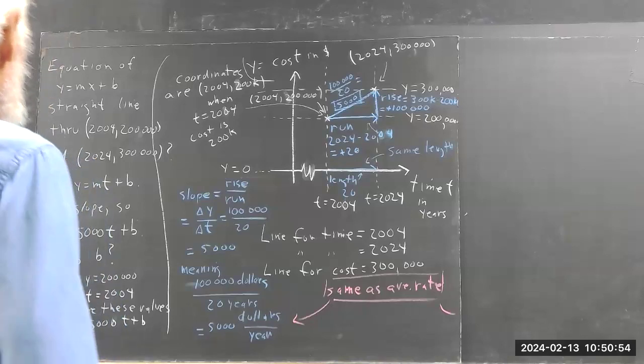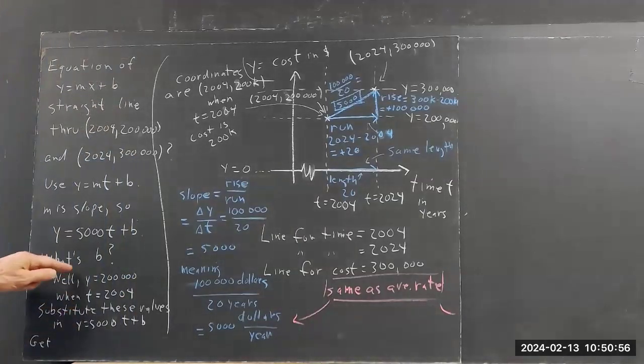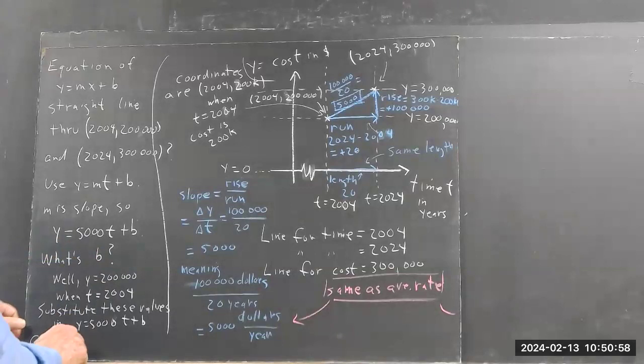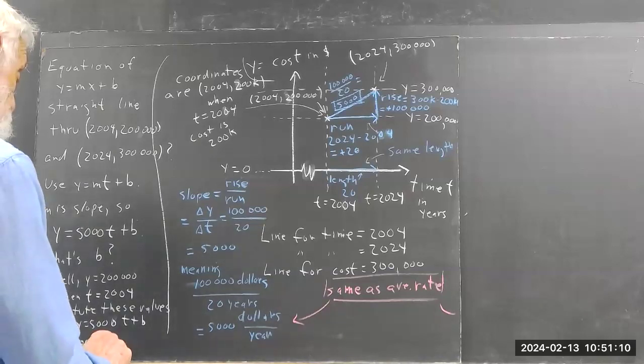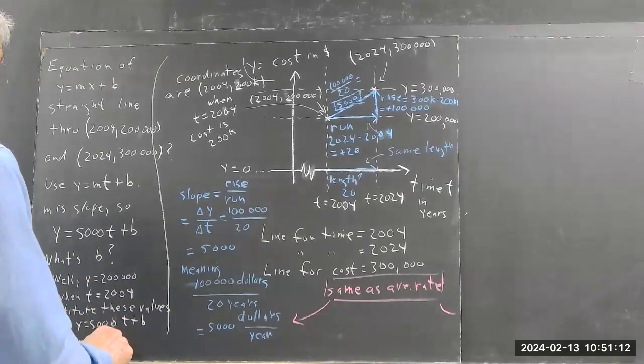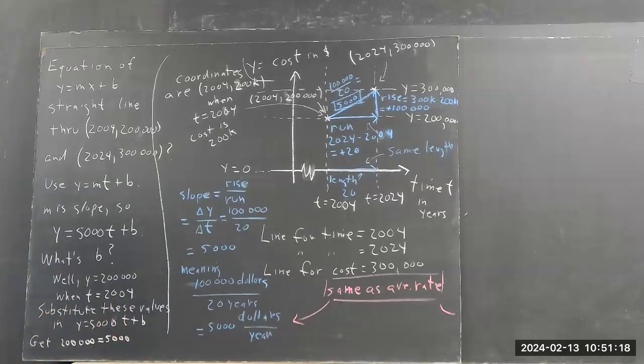Okay. Now, you substitute 200,000 for y. That means where we have y here, you put in 200,000, meaning $200,000. Okay. And then you have an equal sign. Right of the equal sign is 5,000, and the next thing is t. So this means 5,000 times t.